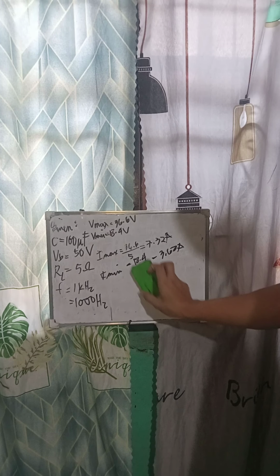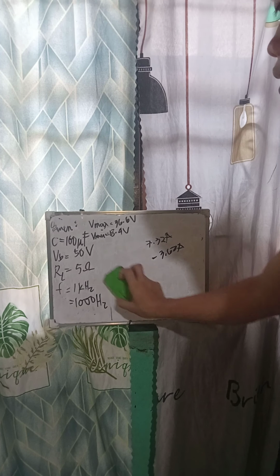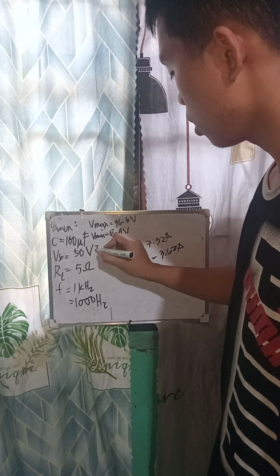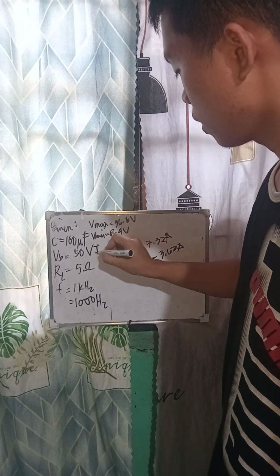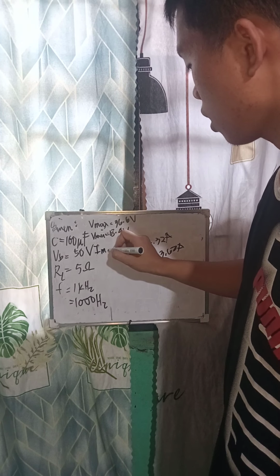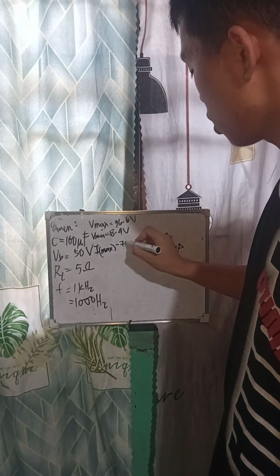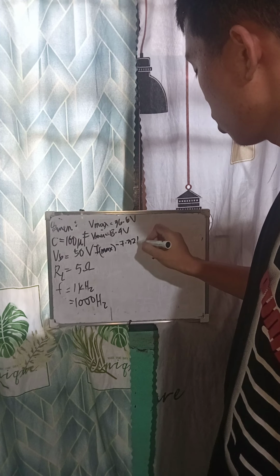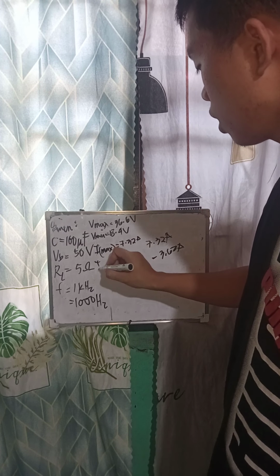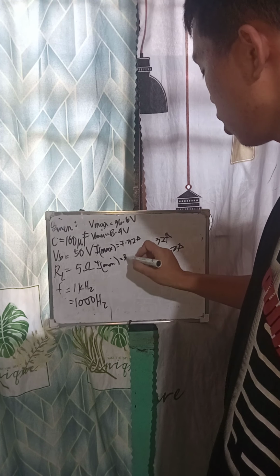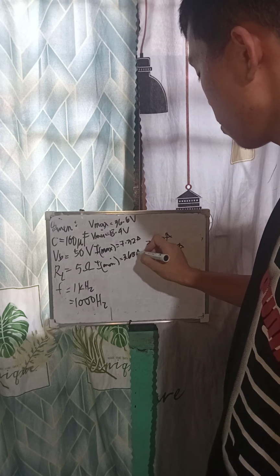So we have now 7.32 and 3.68. To put it here, let us denote I max as equal to 7.32, and for the I minimum we have 3.68 amperes.